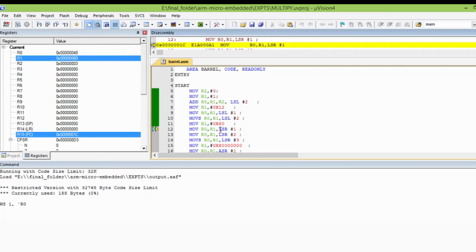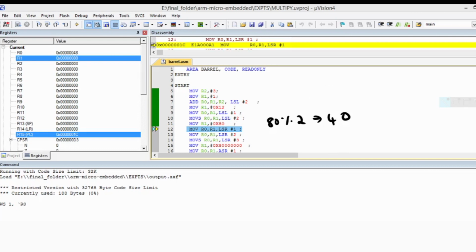From the theory part, we already know every LSR operation will perform divide by 2. So in this case, what should be the answer? 80 by 2 is 40. So answer 40 should be stored in R0. Let's see if that is the case or not.